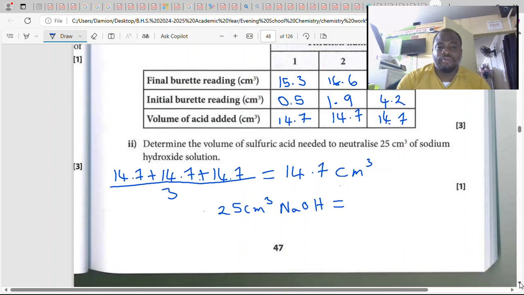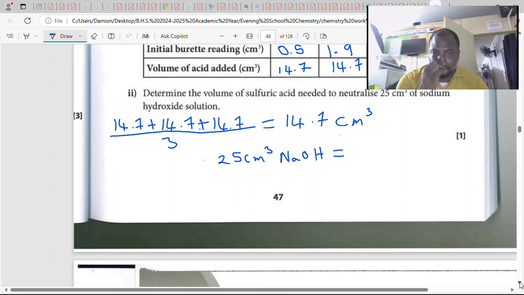So whenever there's a question like that, it would be asking you to find the volume of the acid added, and you find the average. One of the things that CXE might do, I've seen them do it on papers, is ask you to specify in terms of a decimal place.